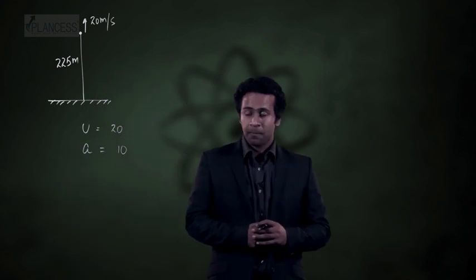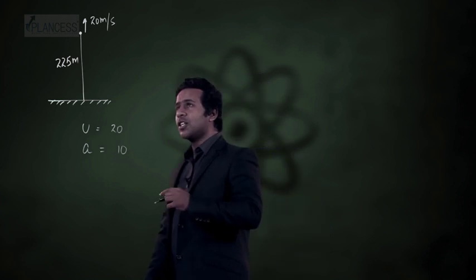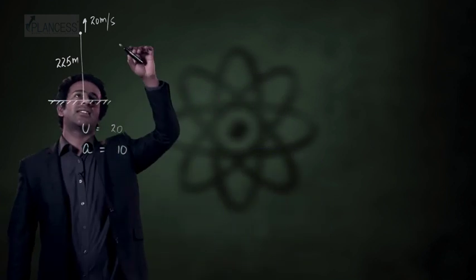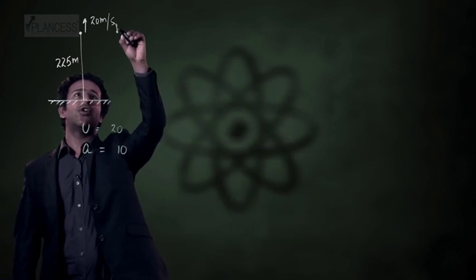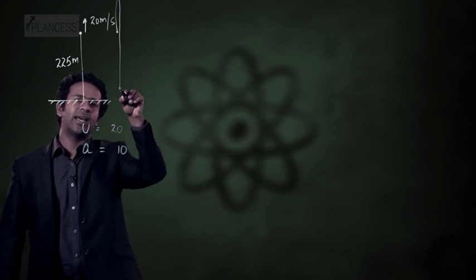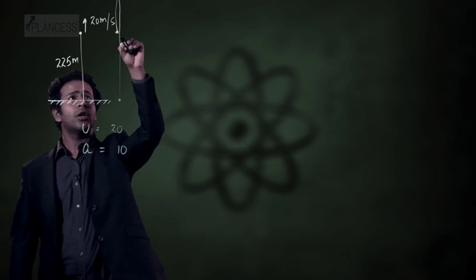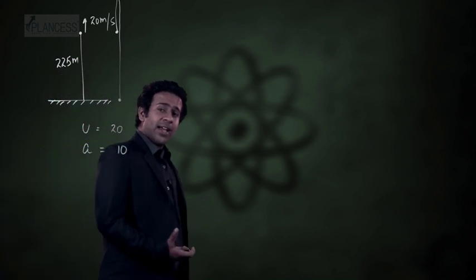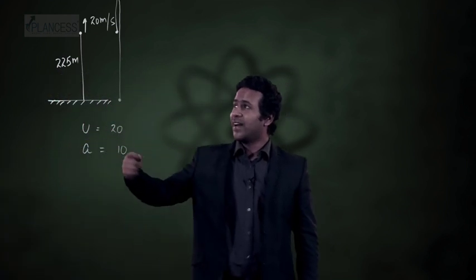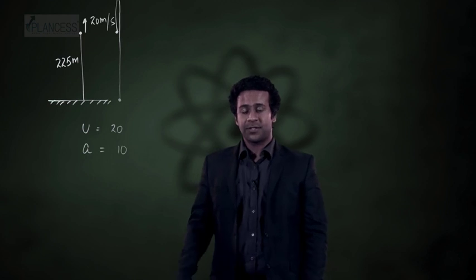Think about it. When you throw the ball and it falls down, let's draw its approximate path. It will first go up and then come down like this. So, what do we know? We know that it has fallen through 225 meters.